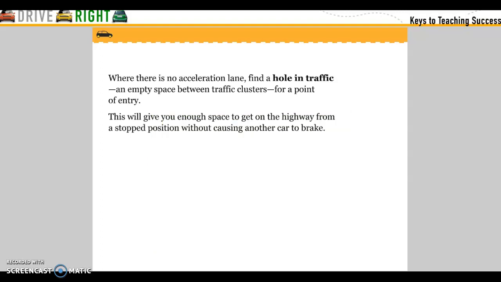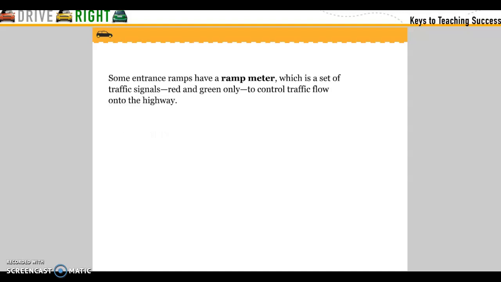Where there is no acceleration lane, find a hole in traffic, an empty space between traffic clusters, for a point of entry. This will give you enough space to get onto the highway from a stop position without causing another car to brake.